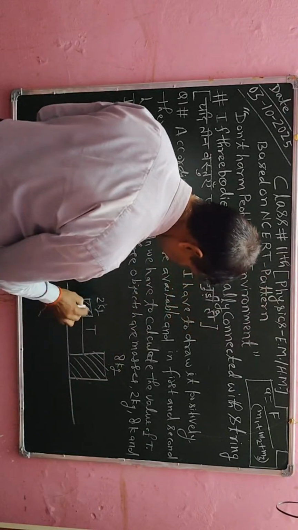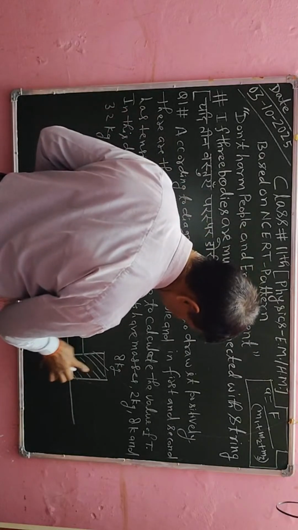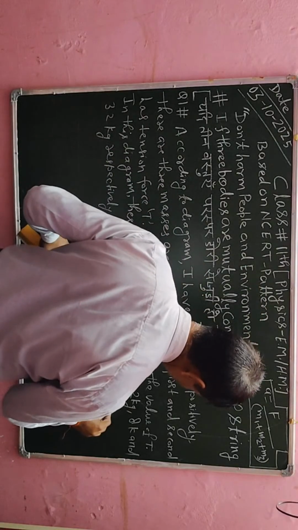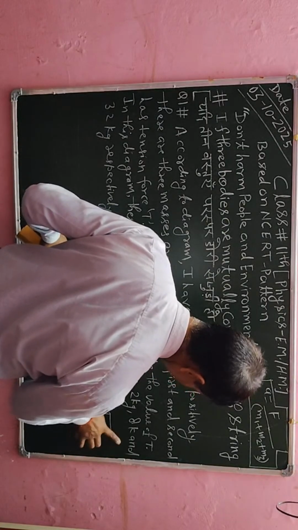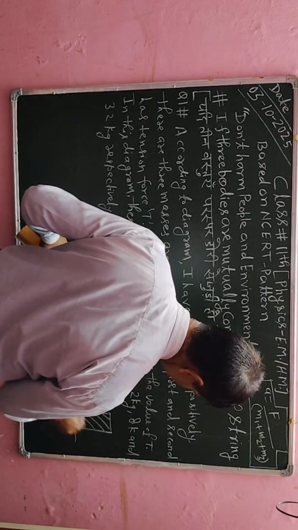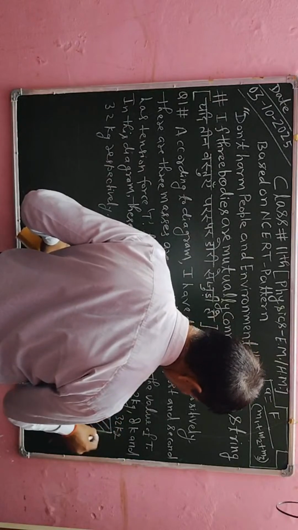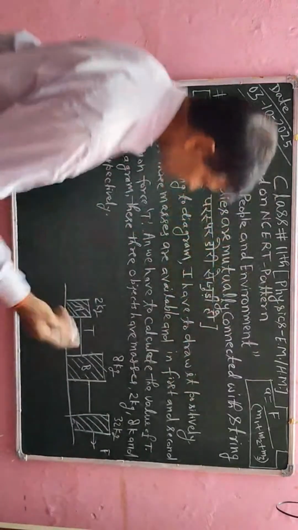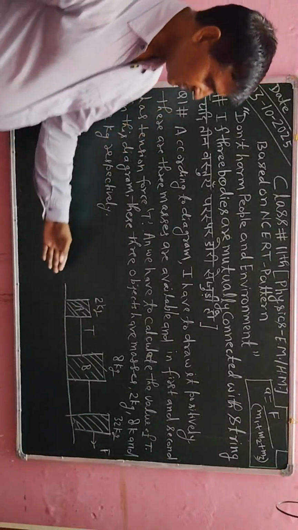So this is object A and this is object B, and similarly I will take another object whose name is C, and it has mass 32 kg. Now one force I have applied here, with that force the objects are moving in the forward direction.